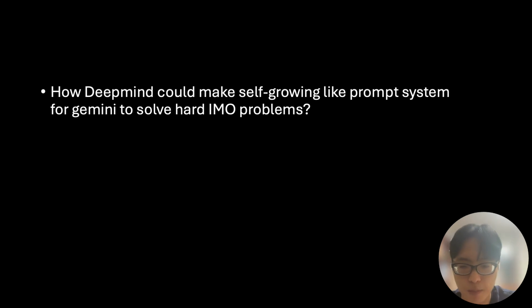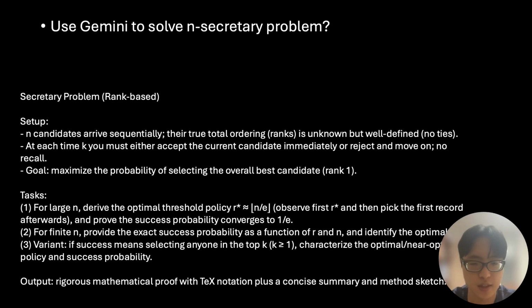But today I just want to suggest using Gemini with that DeepMind prompt to solve some unsolved problems in the world. I will try to adopt this idea on the secretary problem.